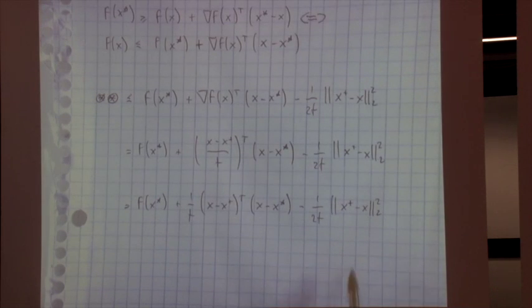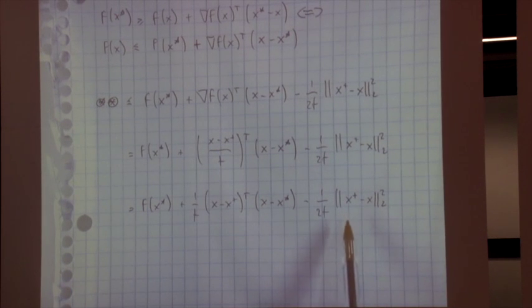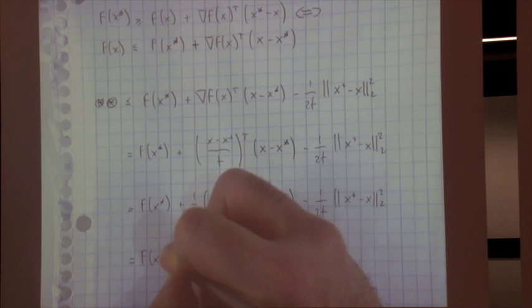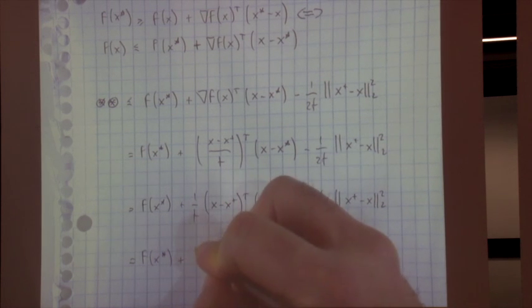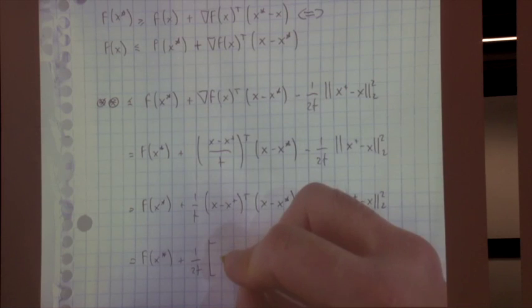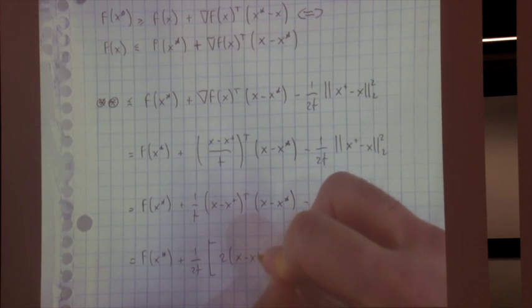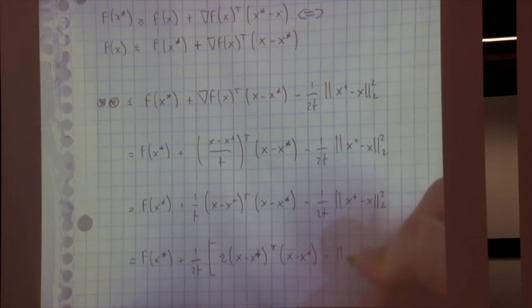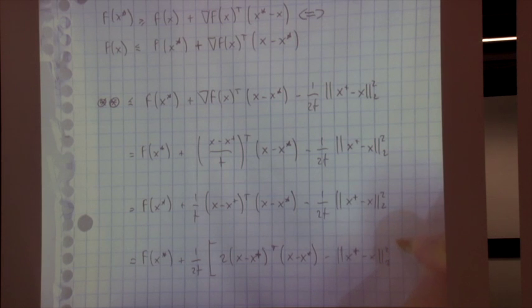So the only thing that I'm going to do here now is to add and subtract, I probably should collect first, 1 over t, so this is 1 over 2t times twice x minus x plus transpose x minus x star minus x plus minus x squared norm.